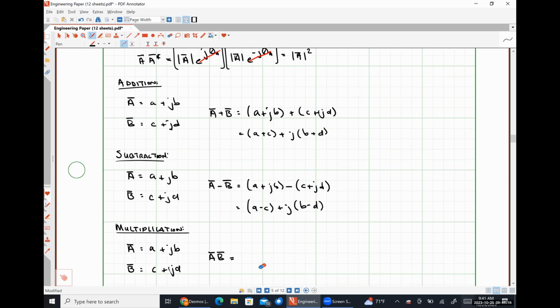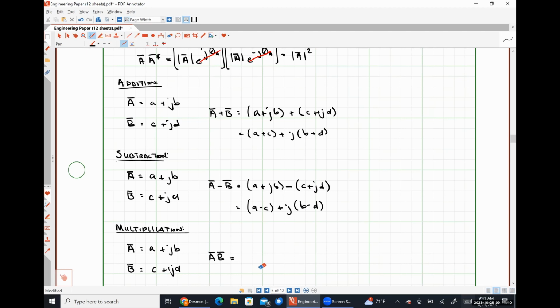I am not going to put a cross in the middle to indicate multiplication because I do not want to get that potentially confused with the cross product vector operation, because that does not exist for complex numbers. I'm not going to put a dot in the middle because I do not want it confused with the dot product, which does not exist for complex numbers.